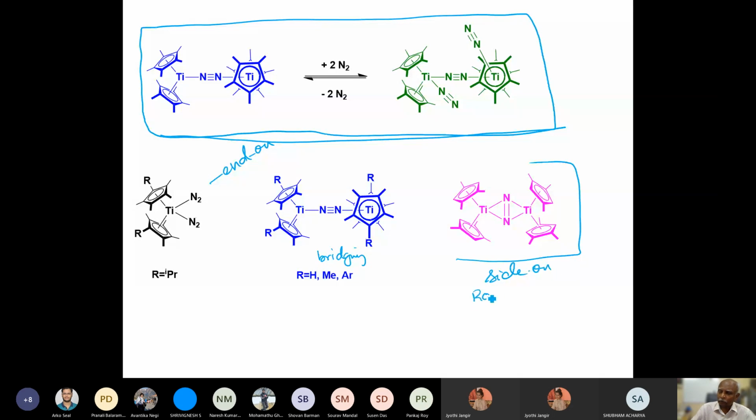It's also called rooftop, because if you look at this molecule from this angle, it would look like this.